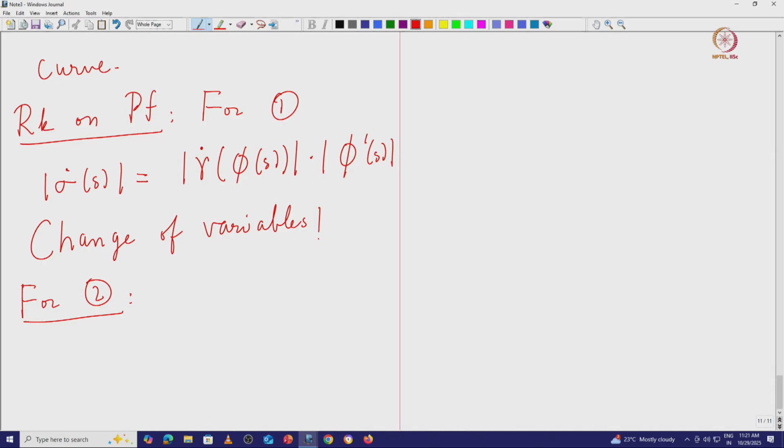You simply define s of t to be the arc length from A to t, and then take phi to be the inverse of this arc length function.